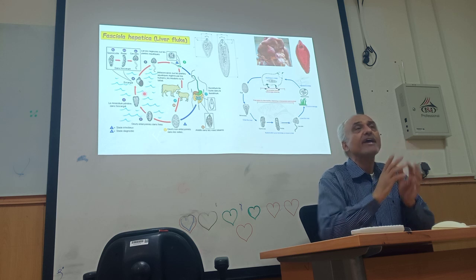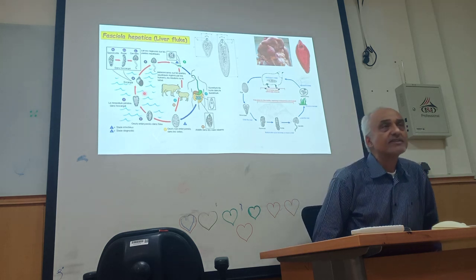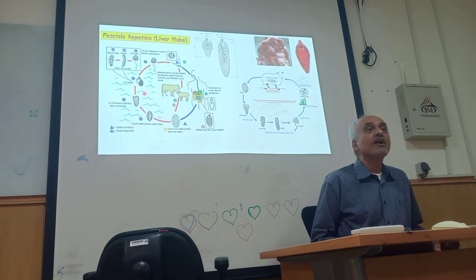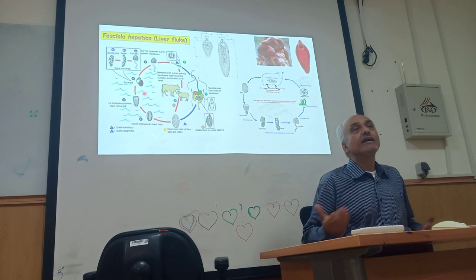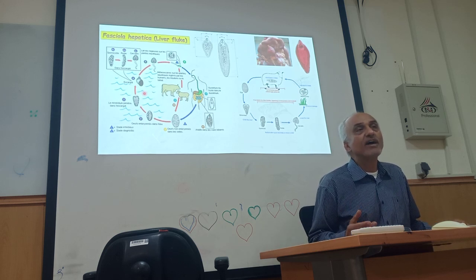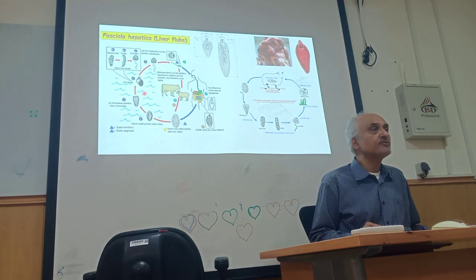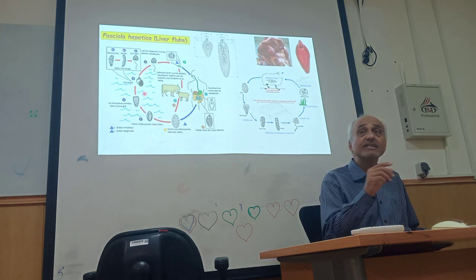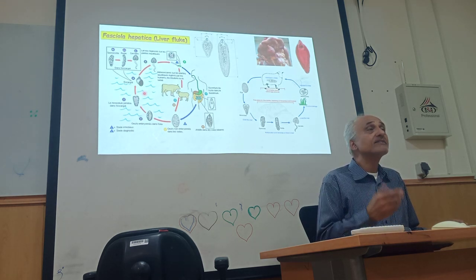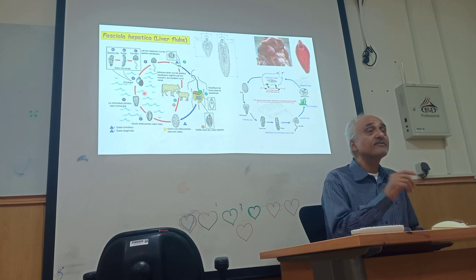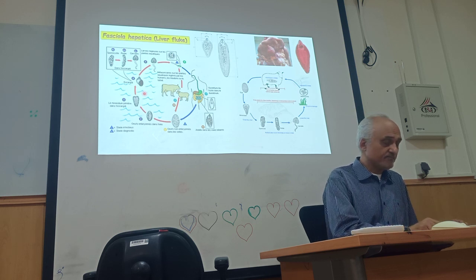If you want to diagnose, you have to go, for instance, to feces because eggs are there, or to fast ELISA to find the parasite's antigens in the circulation. It is very important to know that all this information is hidden in the life cycle.